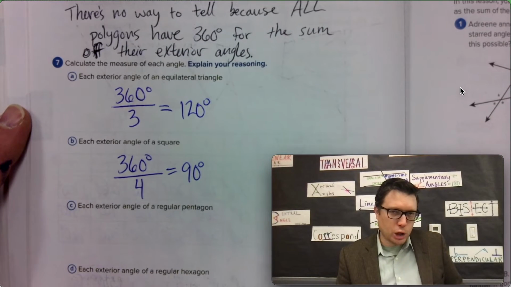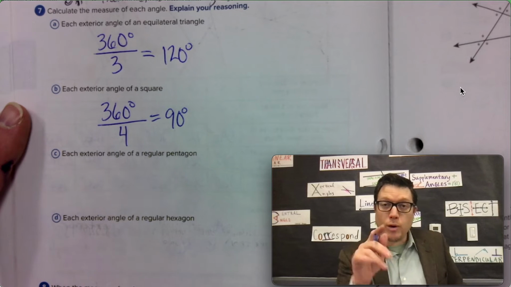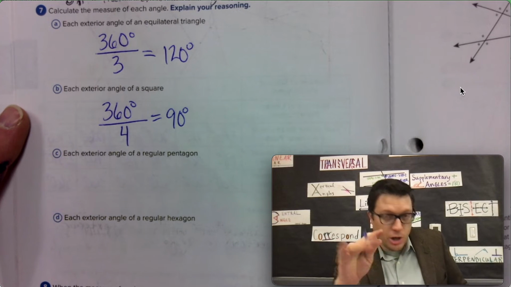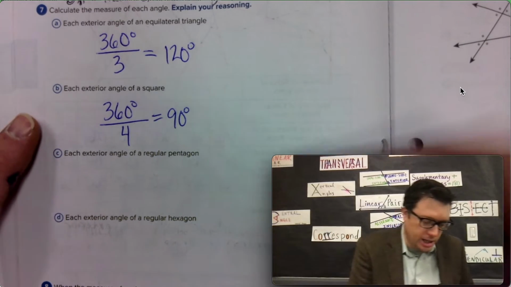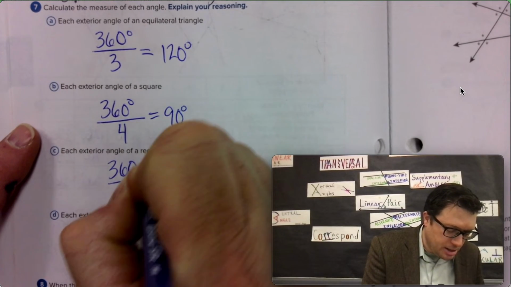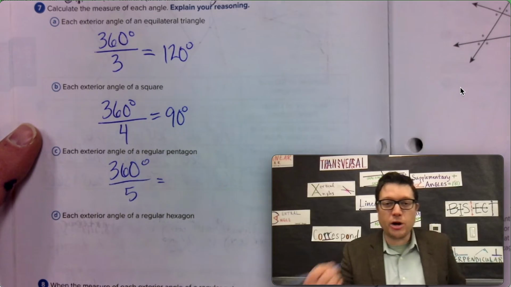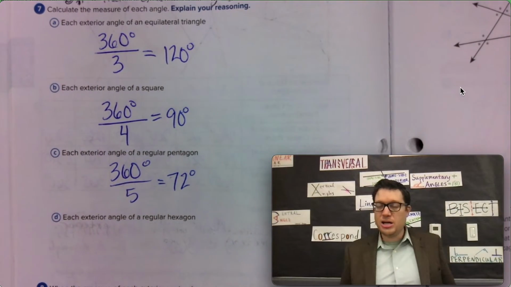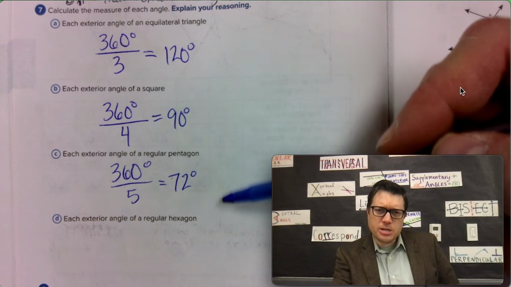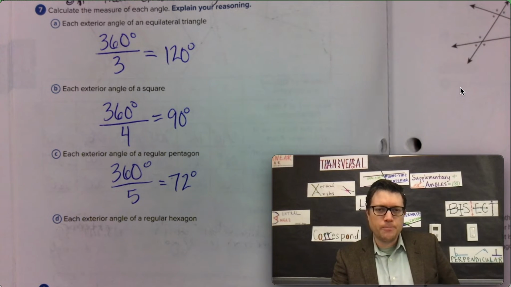How about for a regular pentagon? In a regular pentagon, there are 5 exterior angles. All 5 exterior angles add up to 360. So if you divide by 5, you'll figure out what one angle on the exterior of the pentagon is, and it's 72. Aren't these the numbers off the demo? This is how you find them.